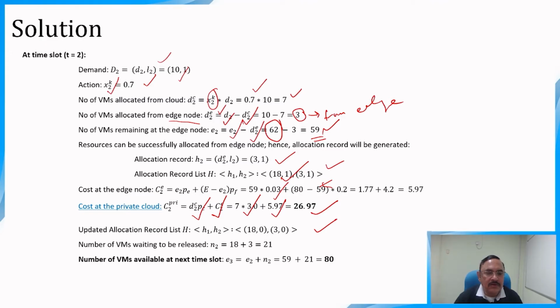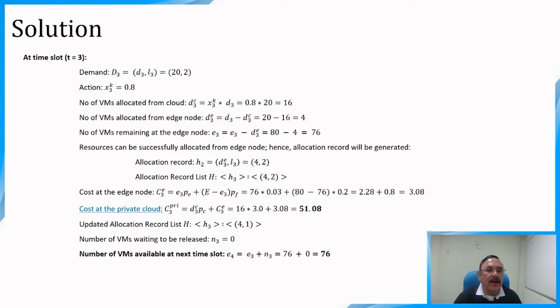Now the first time slot also will be finished by the end of the second time slot. 18 will be released and 3 will be released, that is 21. So, the number of virtual machines available at the next time slot will be E2 plus N2, that comes out to be a total of 80 available again.